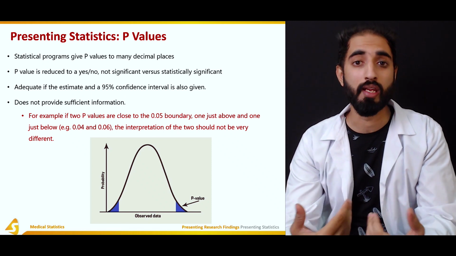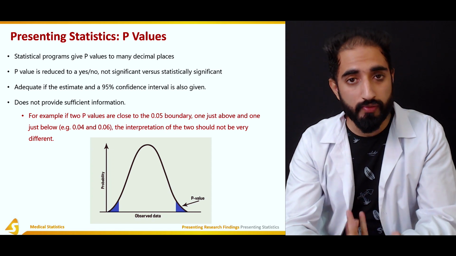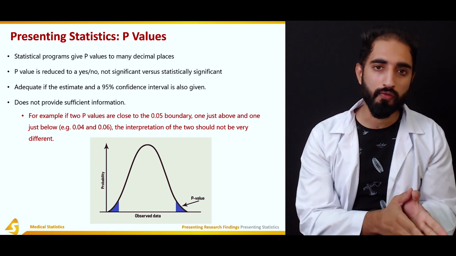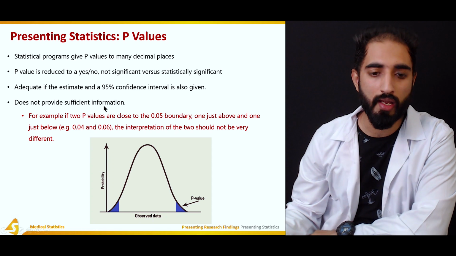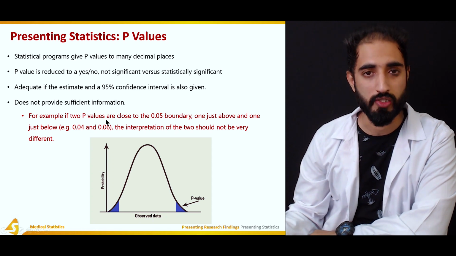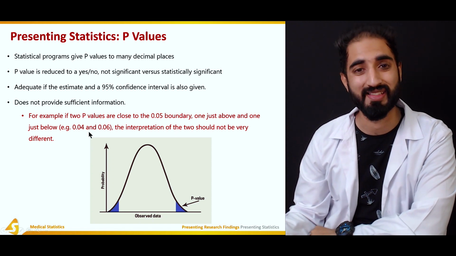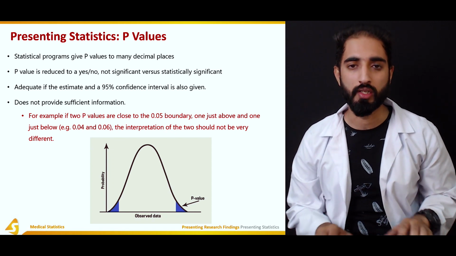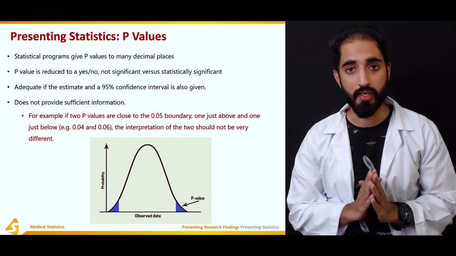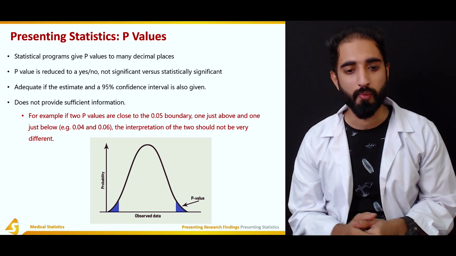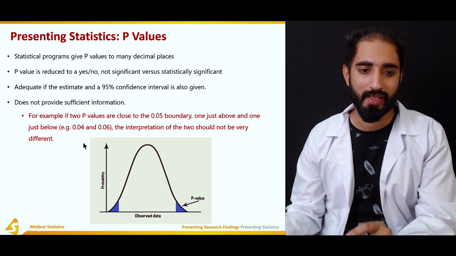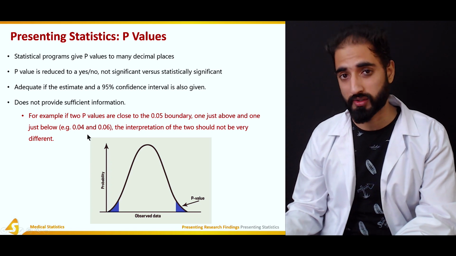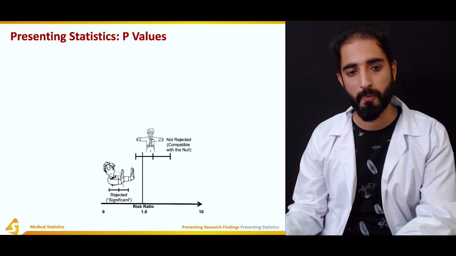But the representation of the findings would be significant, not significant. So you're calling 0.06 as not significant and 0.04 as significant. So reading the descriptive interpretation, the reader would understand, oh, there is a lot of difference, but in fact there is not. So it can be misleading because it does not provide sufficient information.